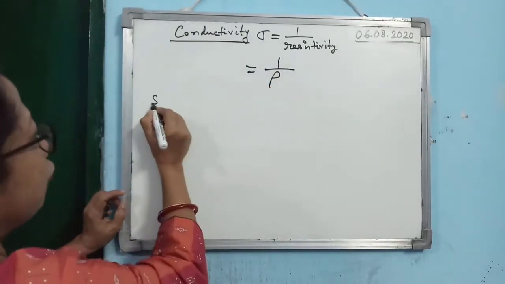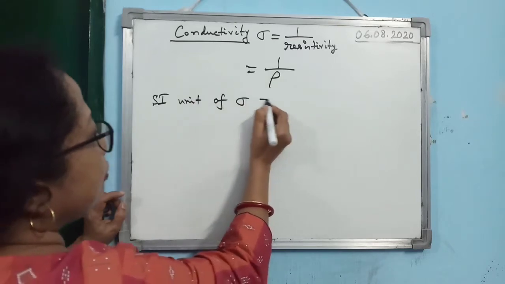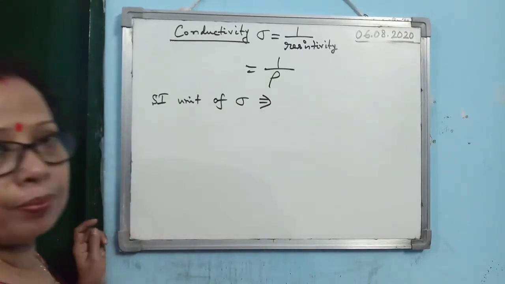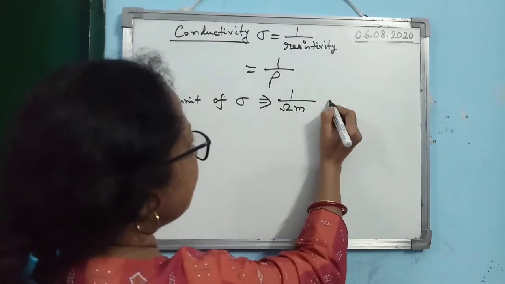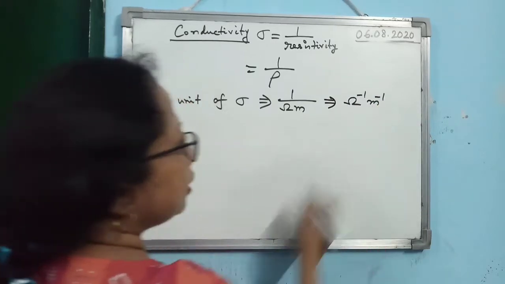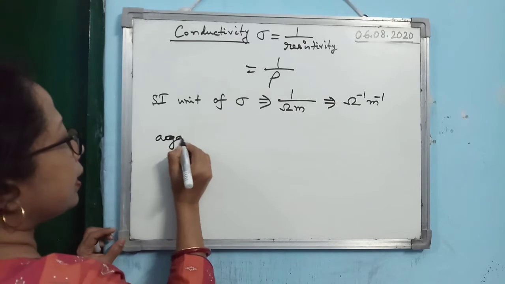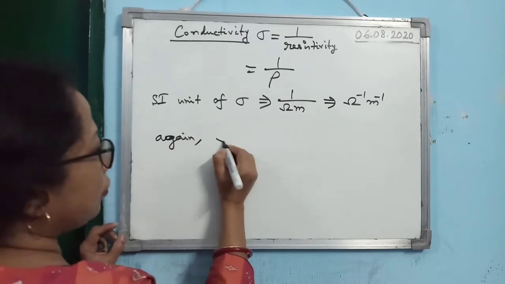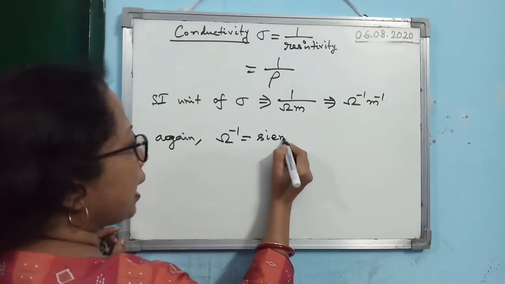So what will be the SI unit of conductivity? You know rho is ohm meter, so it will be 1 by ohm meter, which you can write as ohm to the power minus 1 meter to the power minus 1. Again, in case of conductance, we have learned that 1 upon ohm is also known as Siemens.